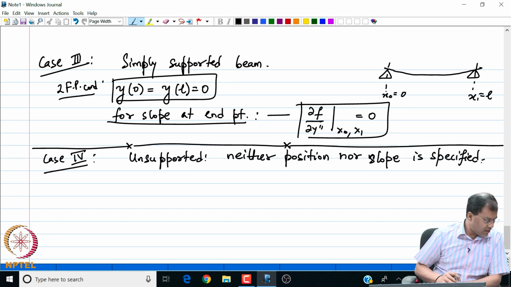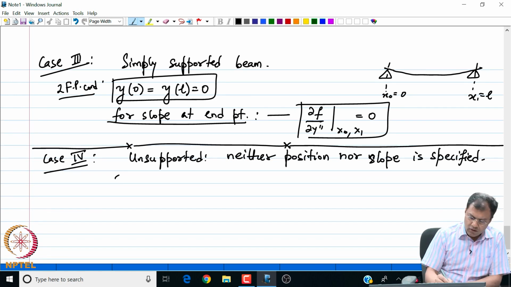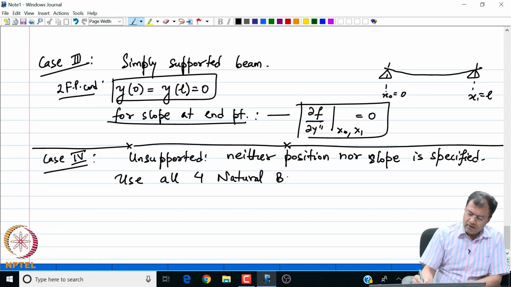Neither position nor the slope is specified. So in that case, we can use all sets of 4 natural boundary condition, which are the following.